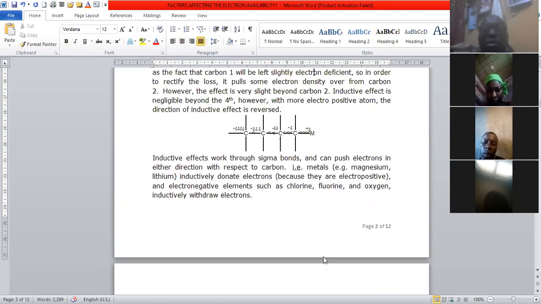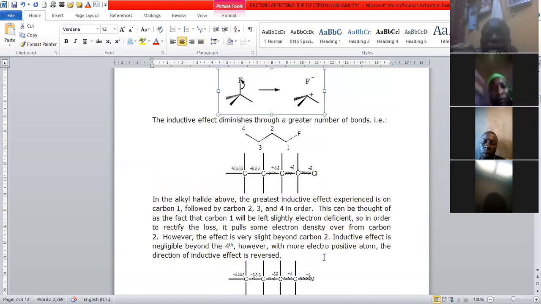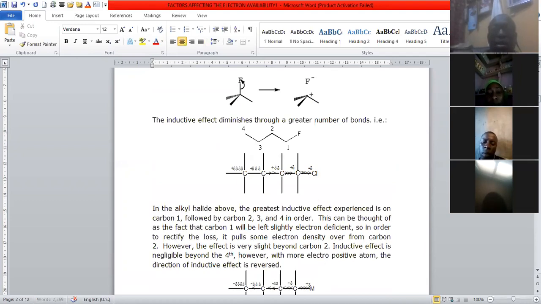Now, the symbol for inductive effect is a capital I. I think I didn't indicate that. Inductive effect is represented by a capital I with a negative sign, like this. This is the symbol for inductive effect.